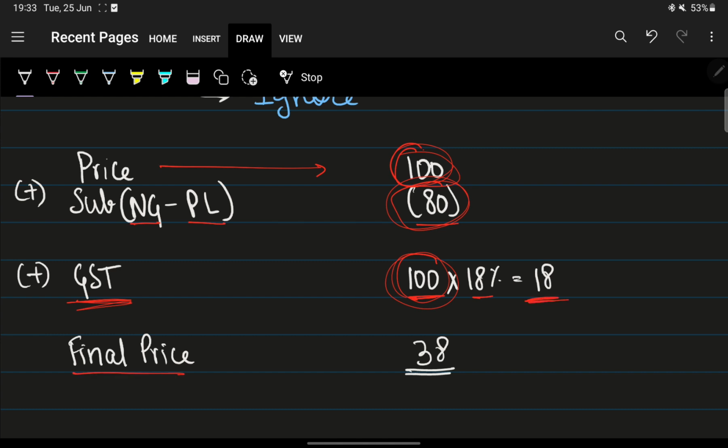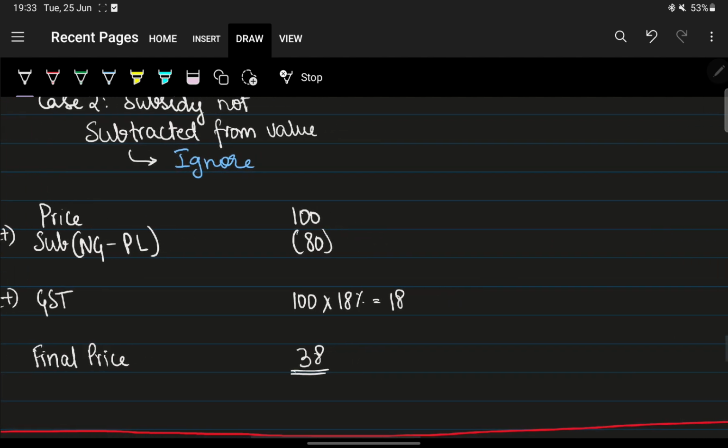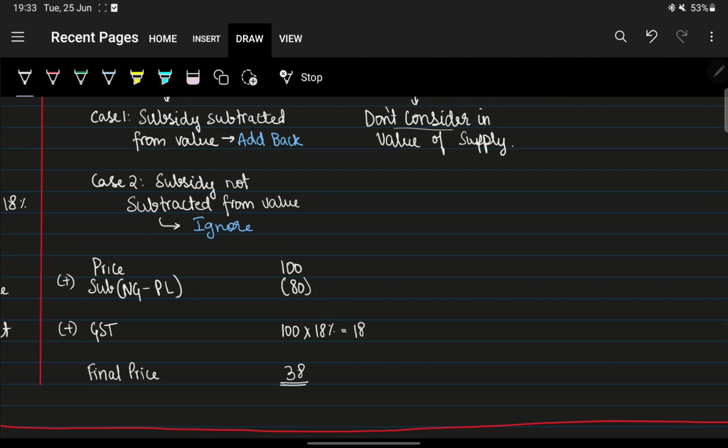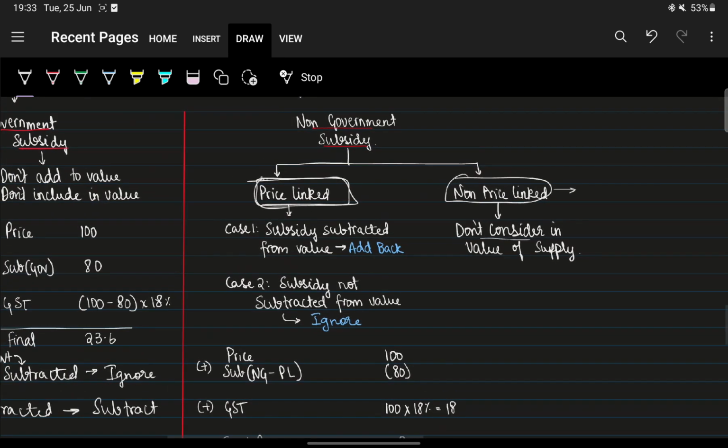So what will be the final price? 100 minus 80 will become 20, 20 plus 18 will become 38 rupees. Is that clear? I think I've done a sufficient amount of explaining, and it should be clear.